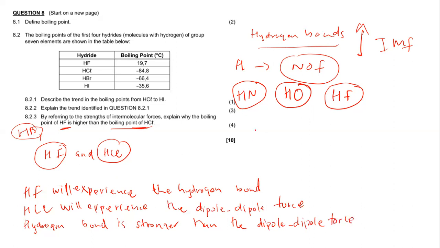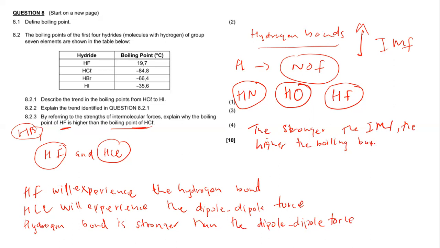So the stronger the intermolecular force, I'll just write IMF, okay? When you write it fully, the stronger the intermolecular force, the higher the boiling point.